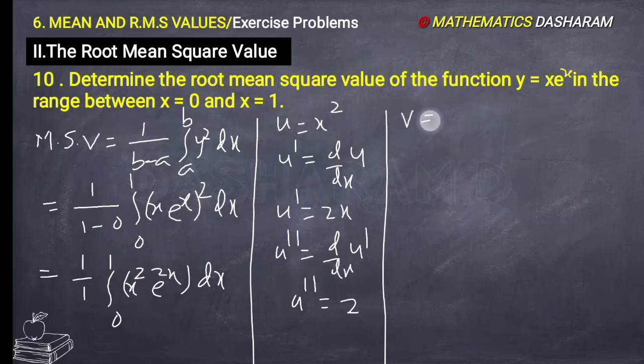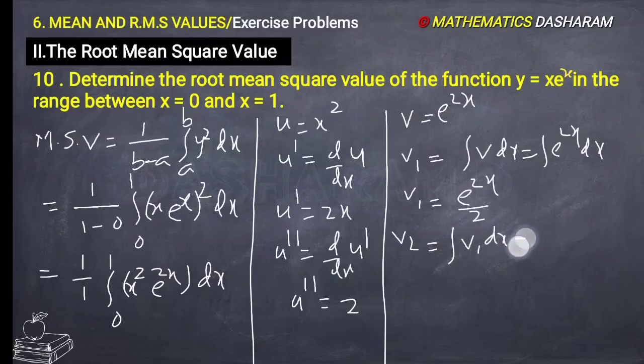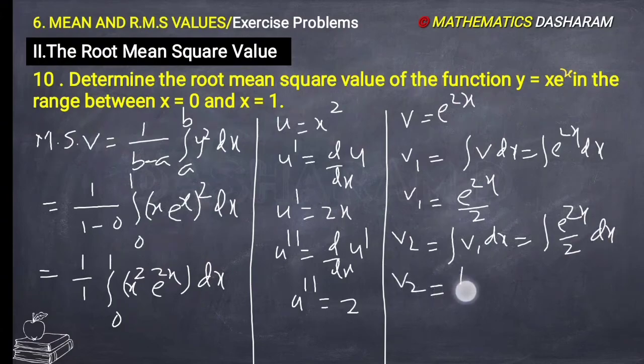Next v equals e power 2x, v1 means integration of v dx. So that is integration of e power 2x dx. Then v1 equals e to the power of 2x divided by 2. Next v2, integration of v1 dx. So integration of e power 2x divided by 2 dx. So v2 equals 1 by 2 into e power 2x divided by 2, that is e power 2x divided by 4.